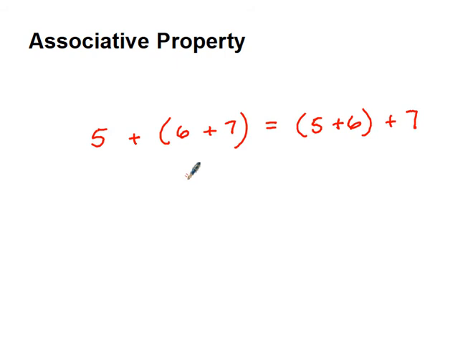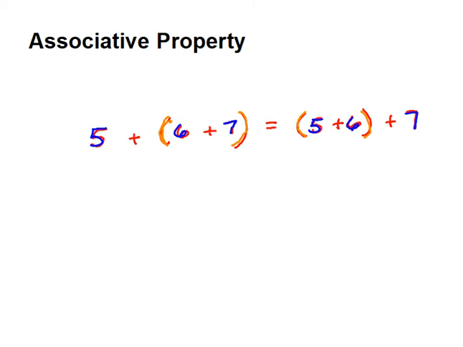There's one thing that you need to notice about this that immediately gives away the fact that this is indeed the associative property, and that is the numbers on the left side, the 5, the 6, and the 7, are all in the exact same position or order on the right side. 5, 6, 7. In fact, the only thing that moved its position was the parentheses. They were around the 6 and the 7 on the left side, and then on the right side they got moved to around the 5 and the 6.